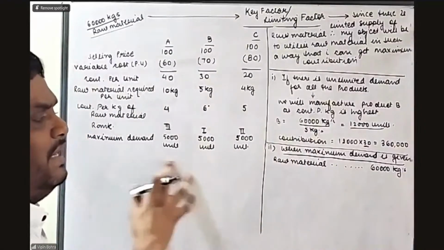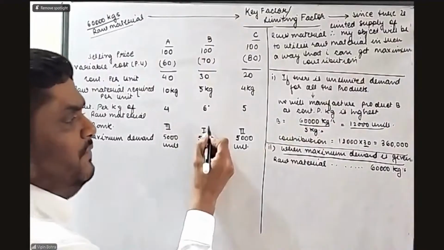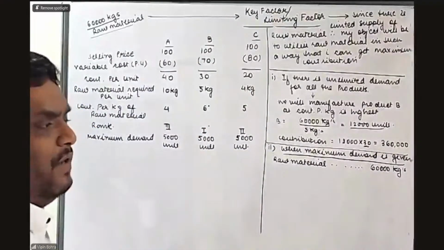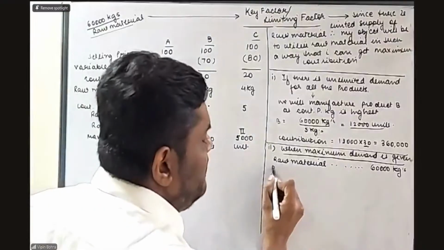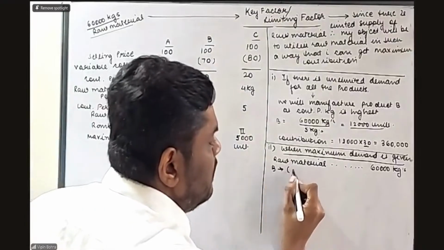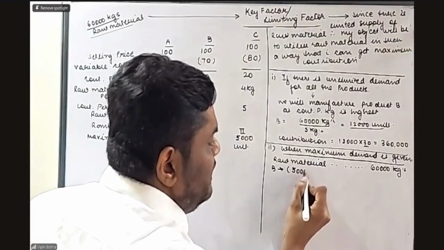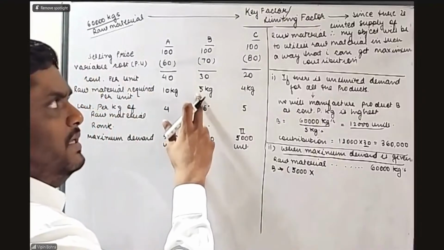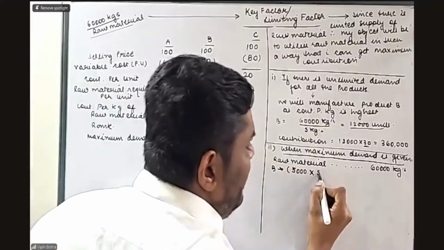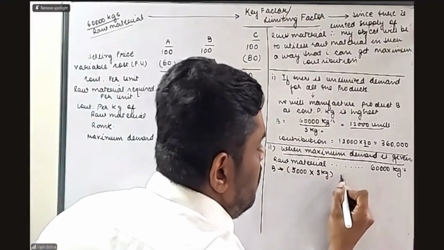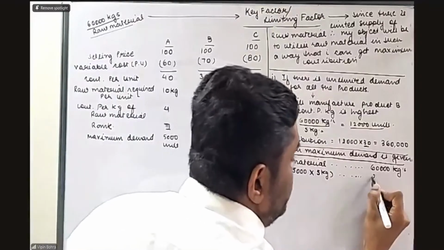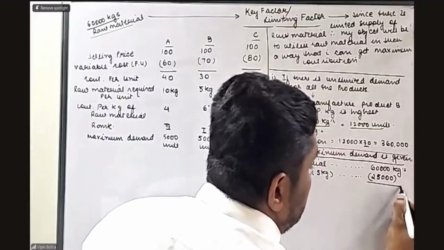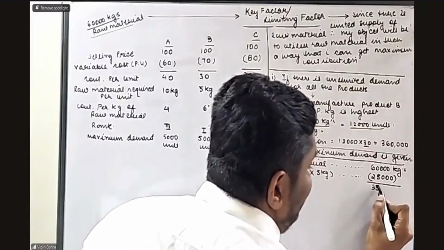Since the demand is limited for all the products, we give first priority to B, so we will manufacture all the 5,000 units of B first. 5,000 units into how much raw material? 5 kg for every unit. So it means 25,000 kgs is gone. Still we have 35,000 kgs.